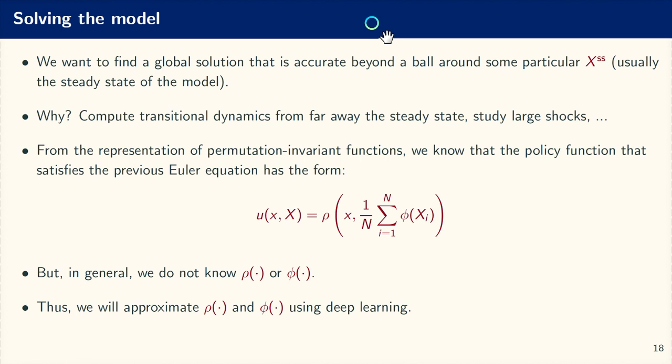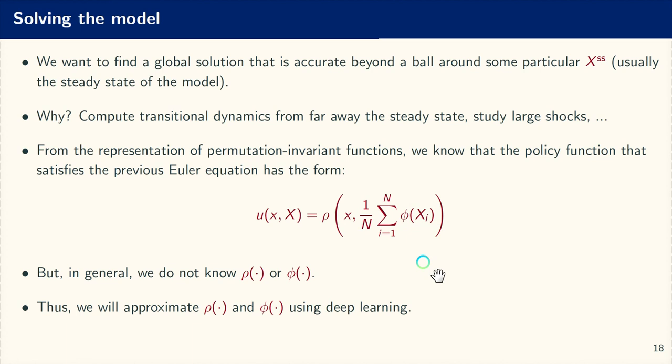And we are going to find our solution using the representation of permutation invariant functions that we introduced before. That basically means that we know that u of little x, big X is this function rho of little x, the capital of each firm, and this function phi of the capital of all the other firms in the economy.